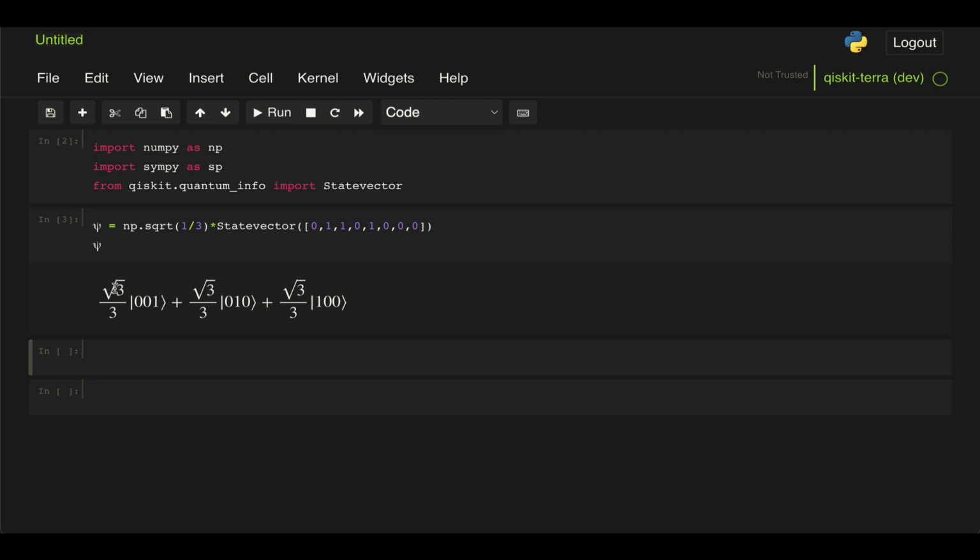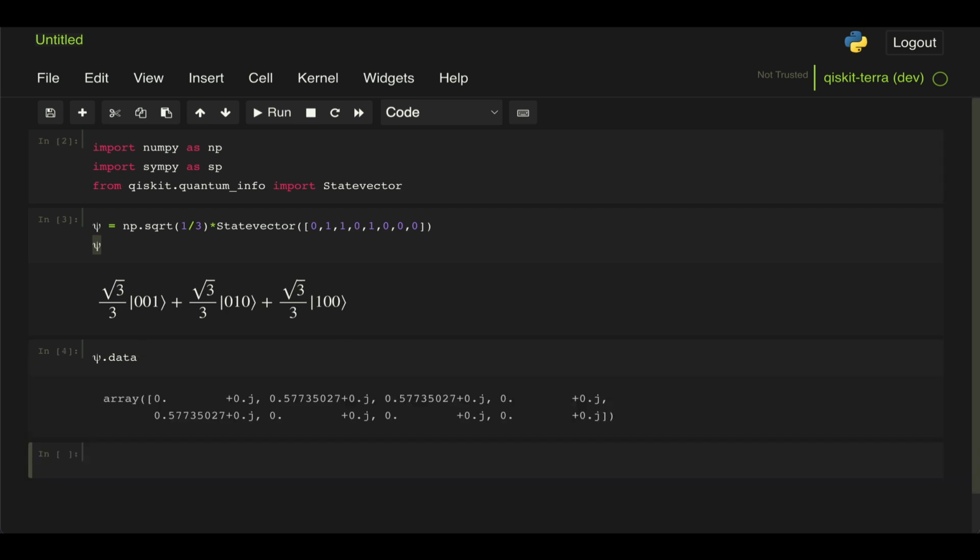So here we have 1 over root 3 of 000, 011, 010, and 100. And in Qiskit, I can just display this nicely in ket notation. But if I take this data attribute, I can get the array that corresponds to the column vector of this. And I'm going to use SymPy just to display that a little bit nicer.